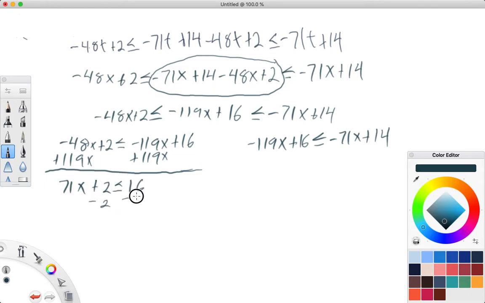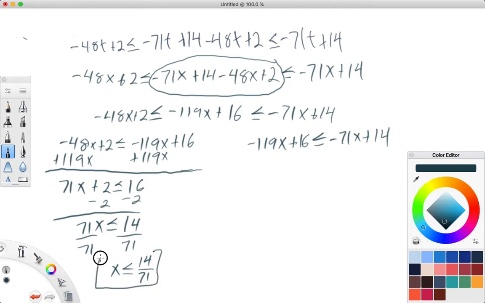Subtract 2 from both sides, and 71x is less than or equal to 14. So divide both sides by 71, and x is less than or equal to 14 over 71. That's not going to reduce because 7 doesn't go into 71 and 2 doesn't go into 71. So that's all for that one.